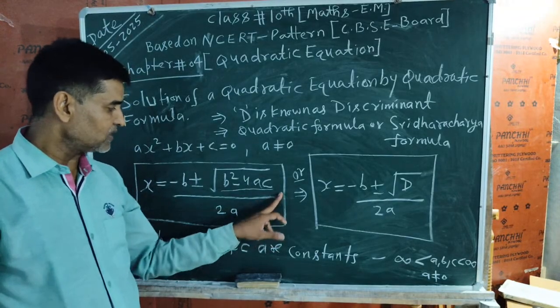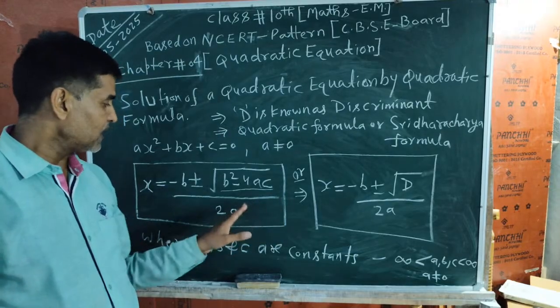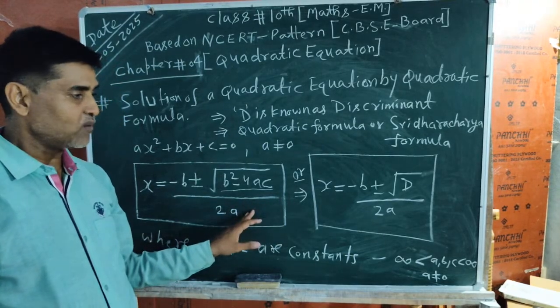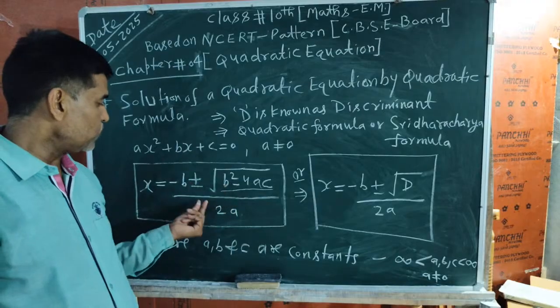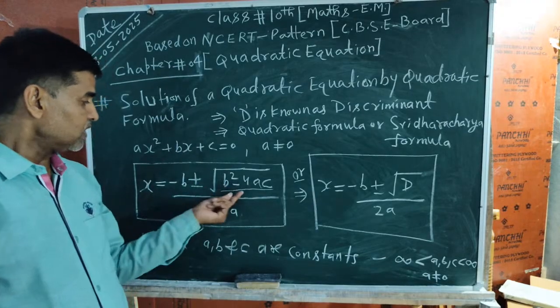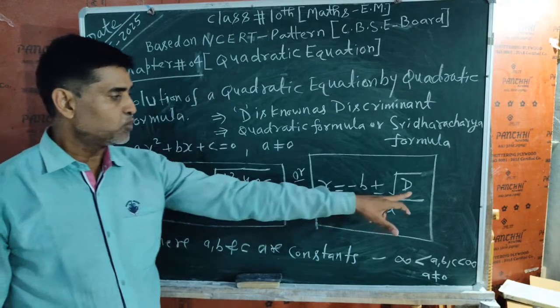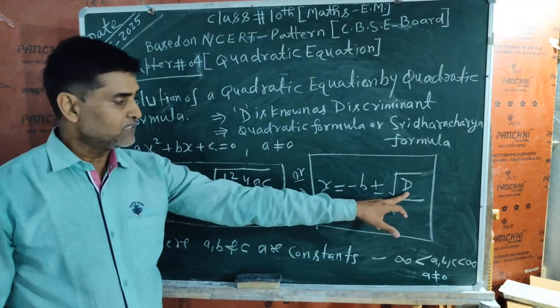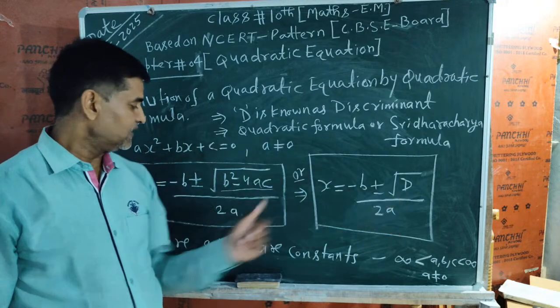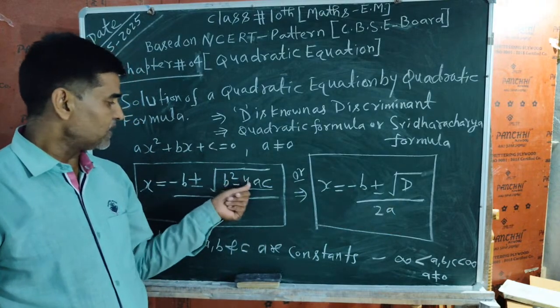Each student has to remember this formula, because in place of b square minus 4ac you have to put D. It means that the value of D is b square minus 4ac.